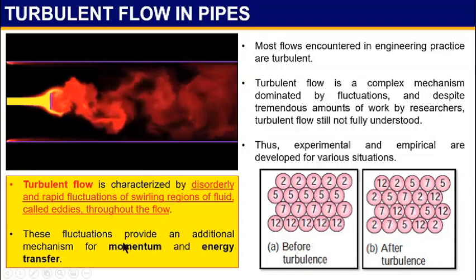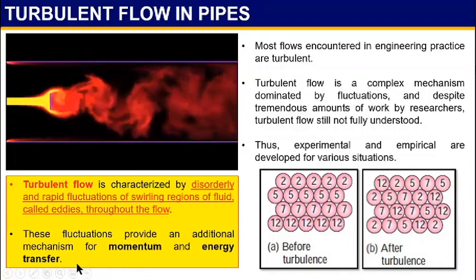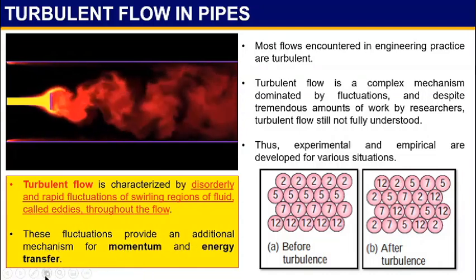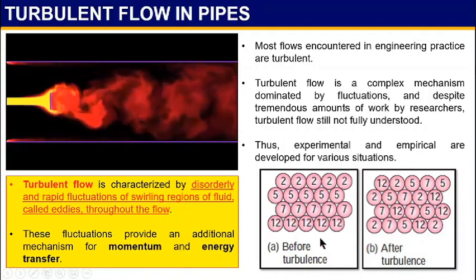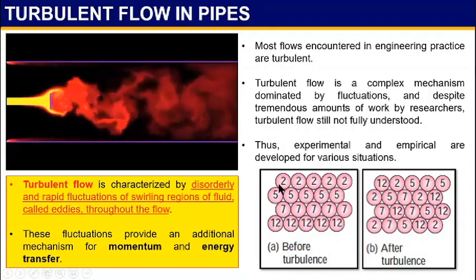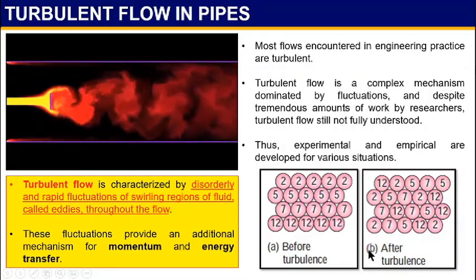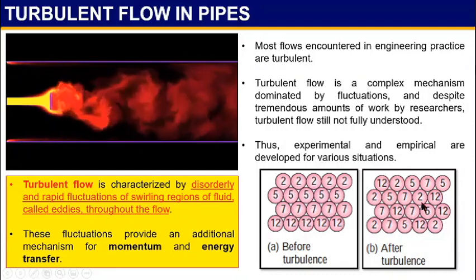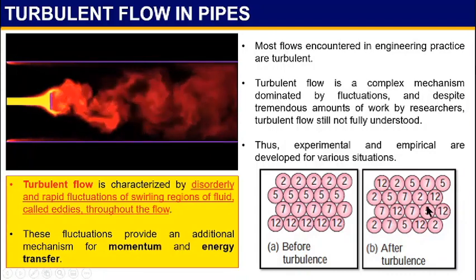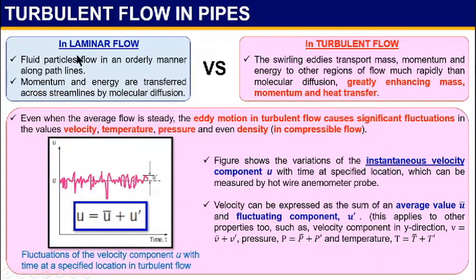These fluctuations provide an additional mechanism for momentum and energy transfer. Before turbulence, the fluid particles are orderly like this, but after turbulence, it becomes very chaotic. In laminar flow, as we already learned, fluid particles flow in an orderly manner along path lines.